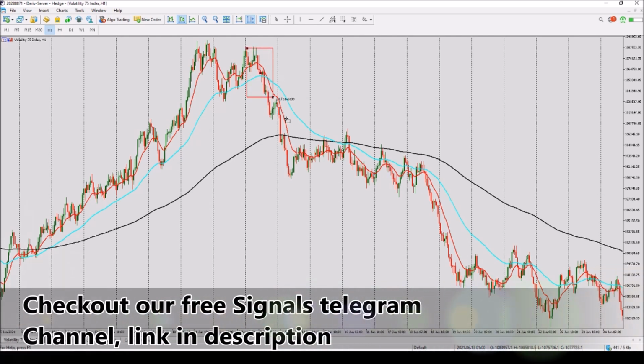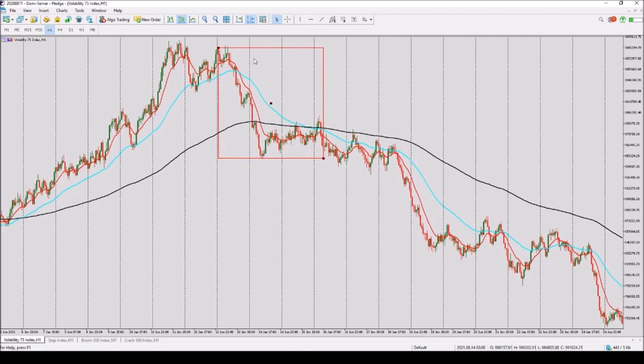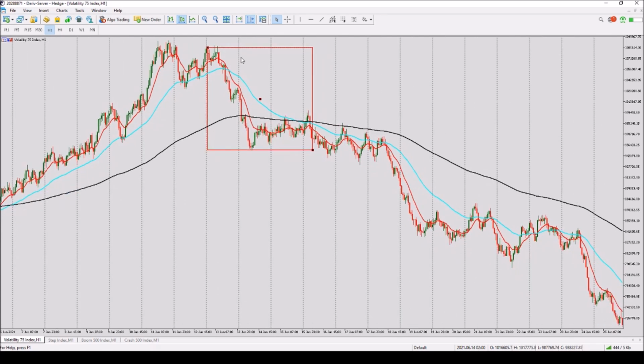So this was the first point of drop from this peak formation high. This was actually the highest point from the higher time frame. So this is the point where I'm going to start to count my levels and show you where exactly I would consider to enter into the market.